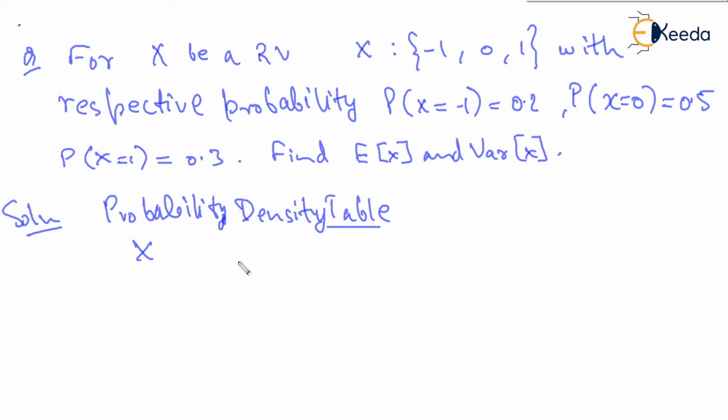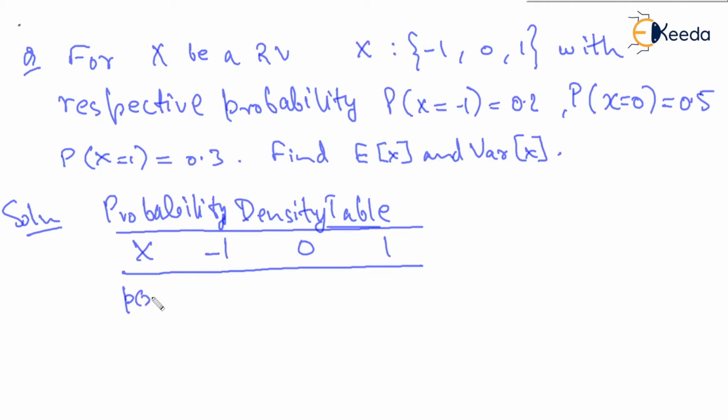These are the values it will take: minus 1, 0 and 1, with density 0.2, 0.5 and 0.3. It is not required, but if we want we can make the distribution function also.